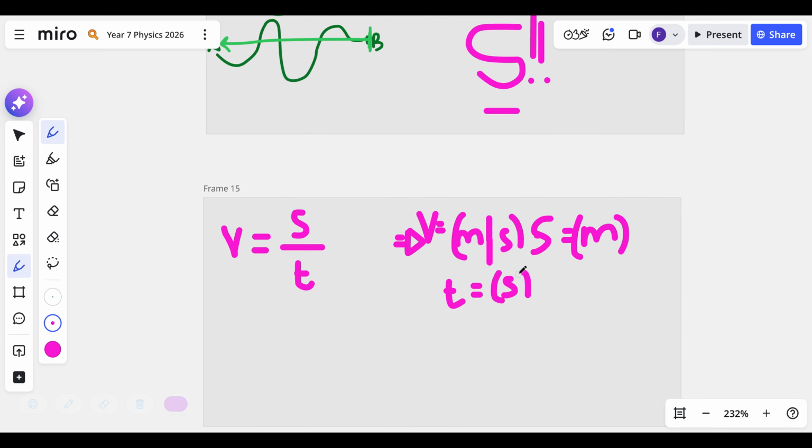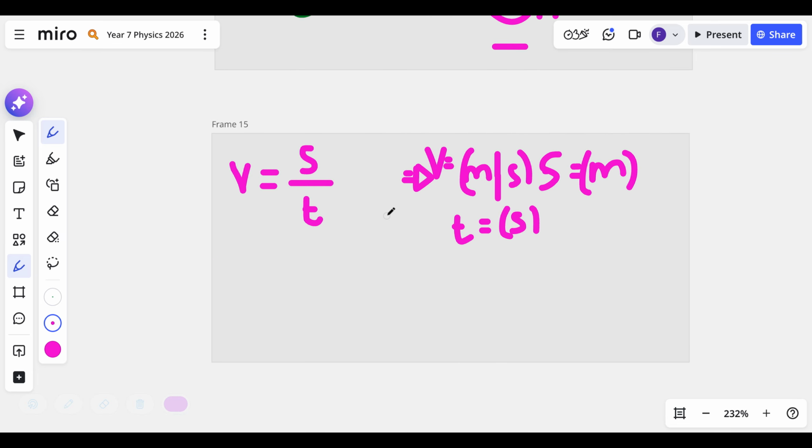All right. Now, if you want to find velocity, that's fine, but we might have to find something like displacement. And you can rearrange this. This is S divided by T. If I just want to find S, or displacement, this is divided by T, basic algebra. It doesn't matter if you're new to this. I do the opposite.